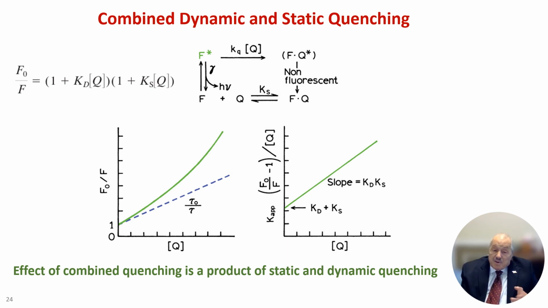But if you measured the lifetimes instead, it would be a straight line. This is because there's two processes contributing to the quenching, and they can be accounted for by the simple product of the terms for the dynamic quenching and the term for the static quenching. So this is the expression that we use to explain when both processes are going on.